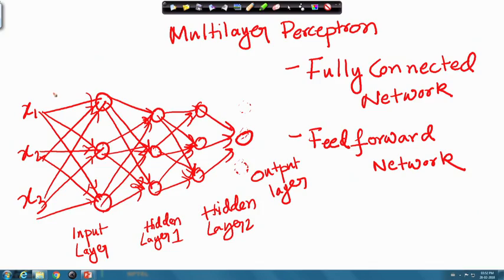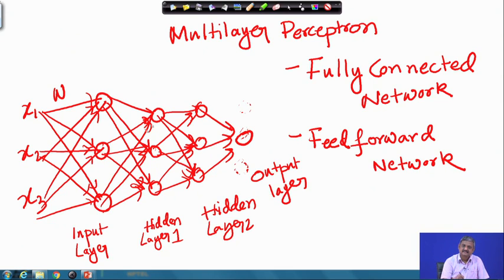So, this is a network, and then you have weights. Each of these links would have weights.